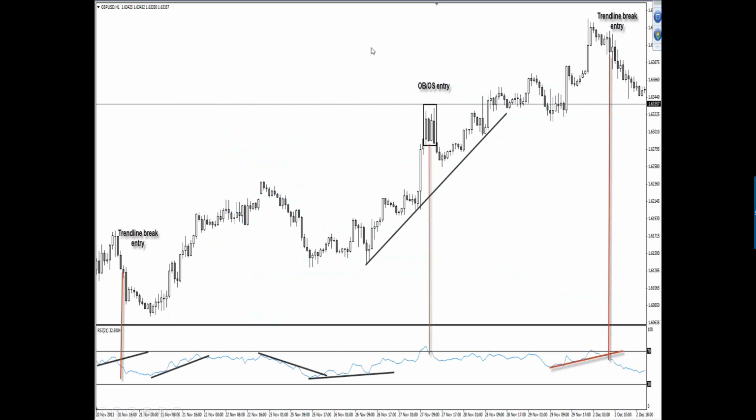As you already know, we can plot trend lines on RSI because RSI is a leading indicator. It mirrors the price action. When you put a trend line, you can watch for trend line breaks. You can see it here in these chart examples. This is an overbought, oversold condition, and this is also a trend line break.